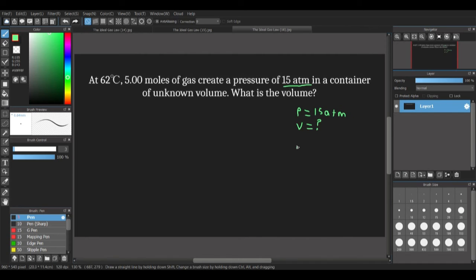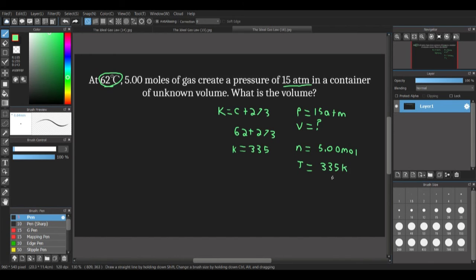And then we're told that our amount of substance, N, is equal to 5.00 mole, and that our temperature is 62 degrees Celsius. But remember, we have to use our temperature in Kelvin. So we're going to use Kelvin equals Celsius plus 273 to get the temperature in Kelvin. So we plug in the 62 for C and add it to 273, which gives us that our Kelvin temperature equals 335.